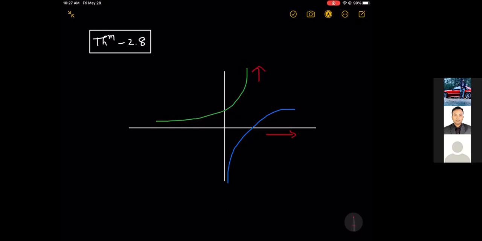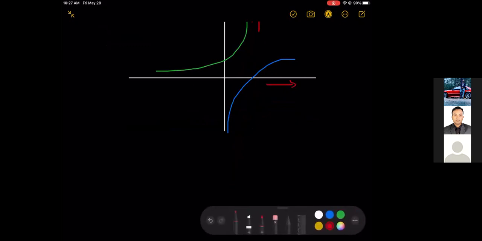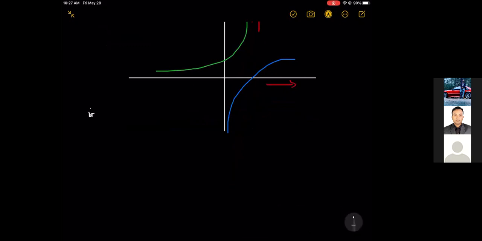This is going upwards, and I can't see any end of this. So it will actually go towards positive infinity. Do you agree? So we say the limit of e to the x when x tends to positive infinity is infinity. Okay.